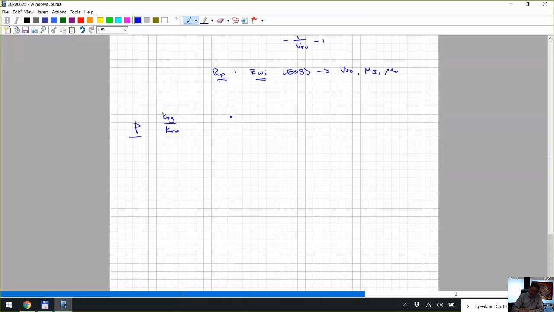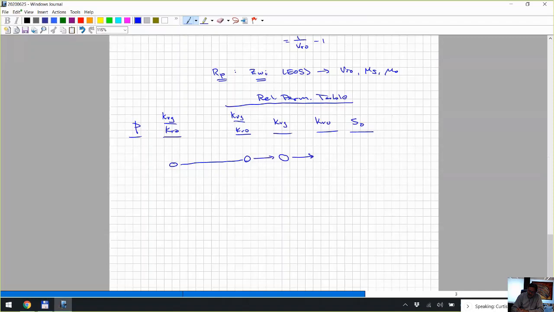And then we go to the KRG, KRO from the rel perm table that we're using. We also have, for example, oil saturation or gas saturation. So we go from here to here, we get the KRG, we get the KRO, and we also get an oil saturation.